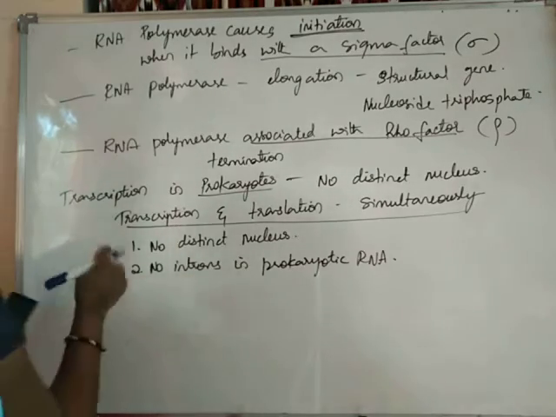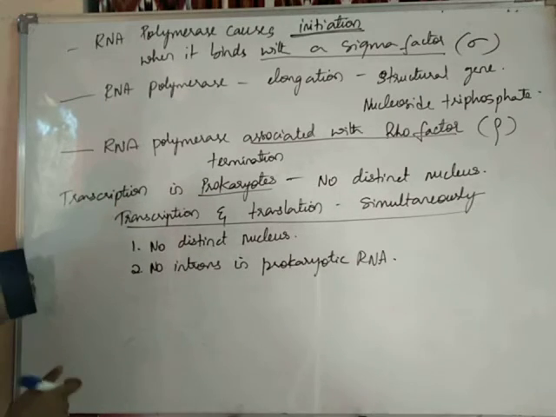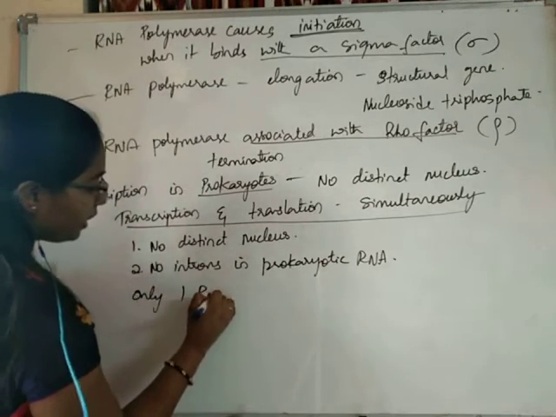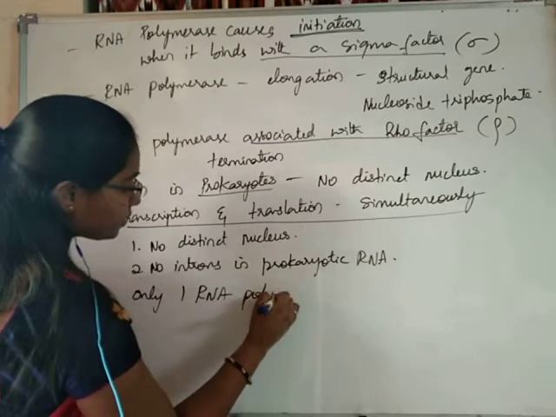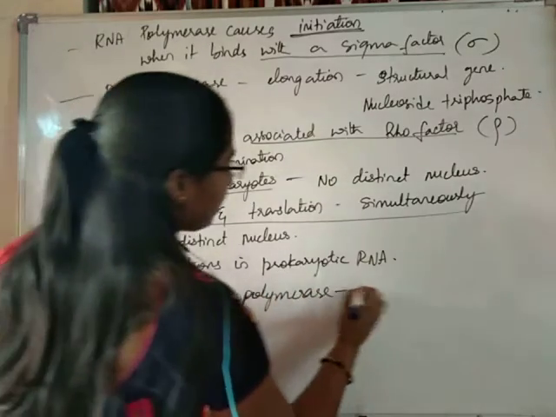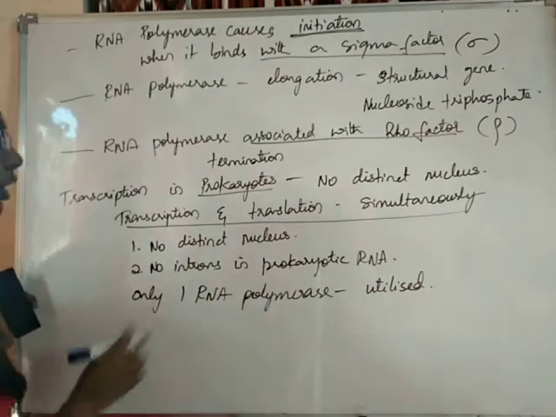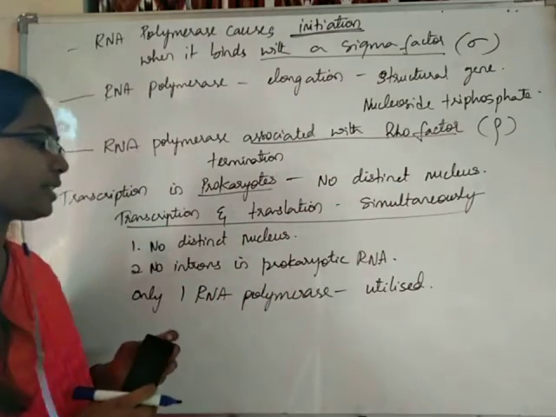Another point about transcription in prokaryotes is that only one type of RNA polymerase enzyme is utilized.